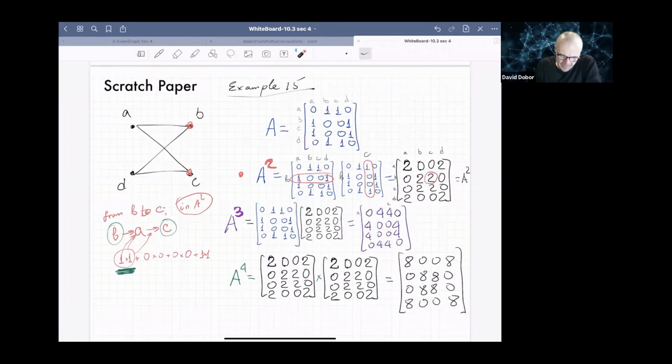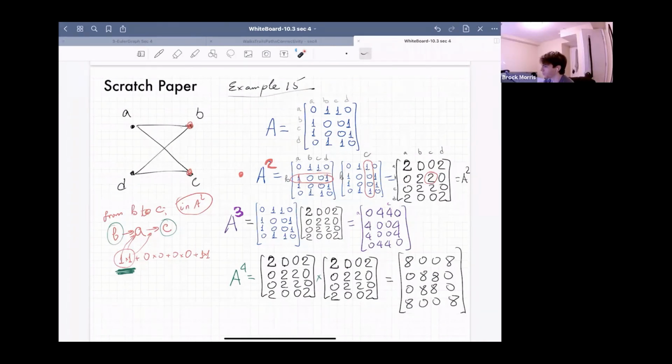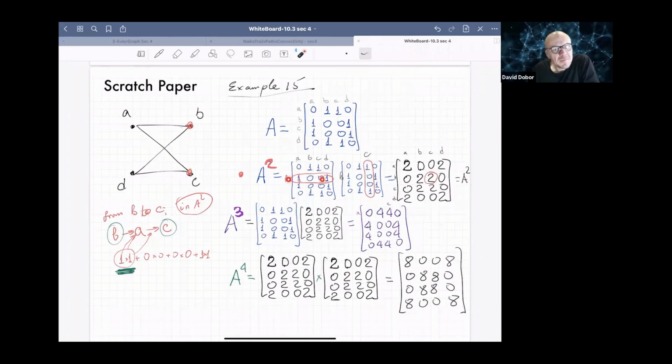Now, what's happening here? Help me out, somebody who is trying to grok this. This term, which path does it correspond to? I'm multiplying this entry, which is a 0, by this entry. What is this entry all about? It's about a hop from where to where?